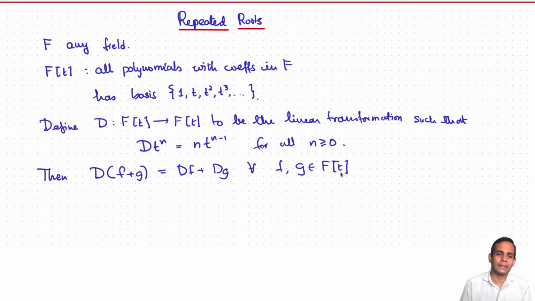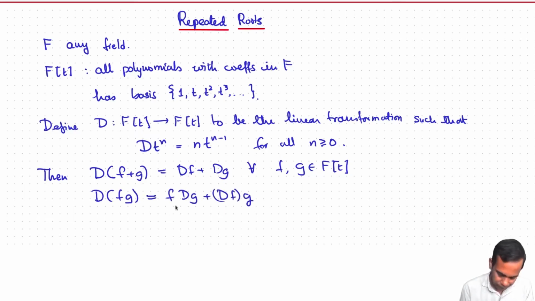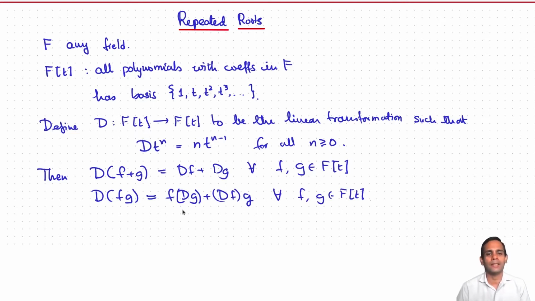That's just because we've defined it to be linear. But more interestingly, d of f times g is f times dg plus df times g for all f, g in F[t]. I leave it as an exercise to prove this if you want to look at a detailed proof, but it's not difficult. It's just a formal proof, playing with symbols.